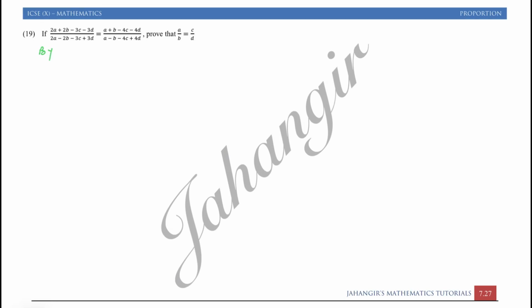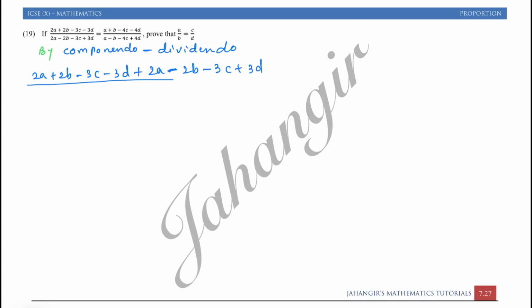So by componendo and dividendo, numerator 2a plus 2b minus 3c minus 3d, now adding plus 2a minus 2b minus 3c plus 3d, all upon 2a plus 2b minus 3c minus 3d.